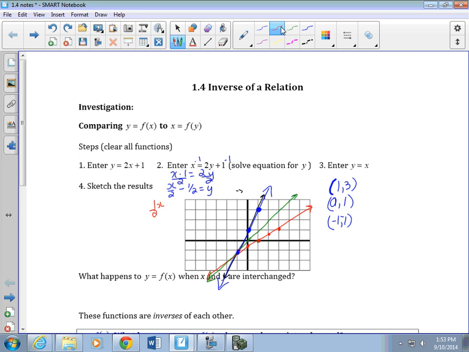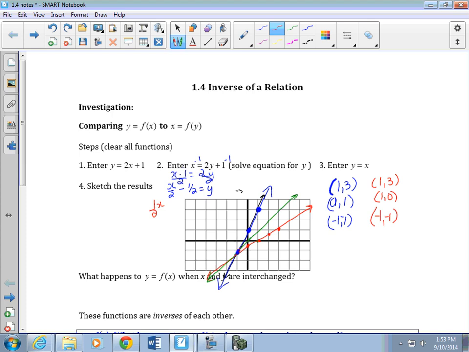In my inverted graph, I had a point here at (3, 1), another point at (1, 0), and then my third point here was at (-1, -1).